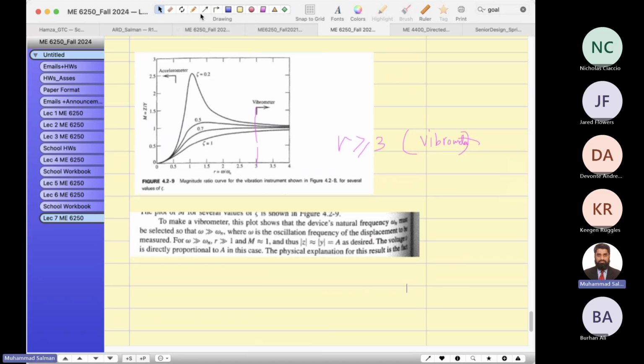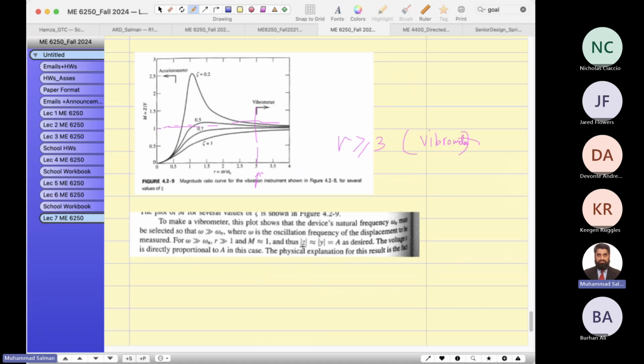To make it a vibrometer, the plot shows that the device natural frequency must be selected so that omega is very, very large compared to omega n, where omega is the forcing or oscillation frequency of the displacement measured. So the magnitude is approximately equal to 1 at a very high value of the frequency ratio r, greater or equal to 3.